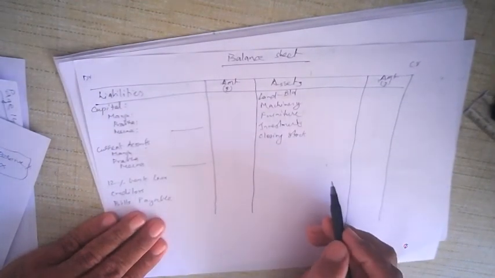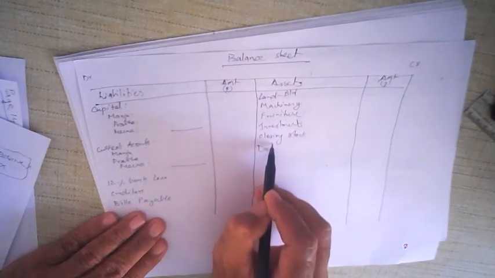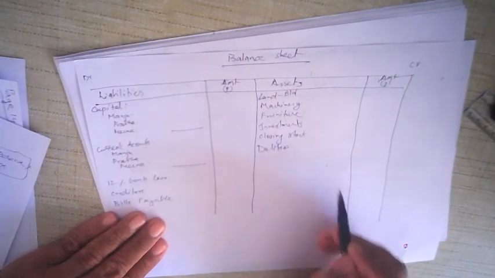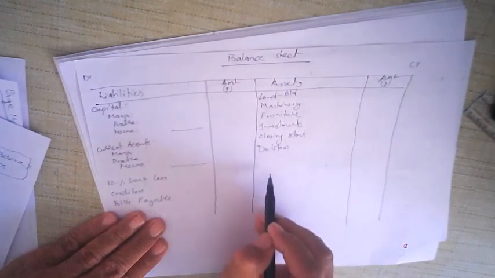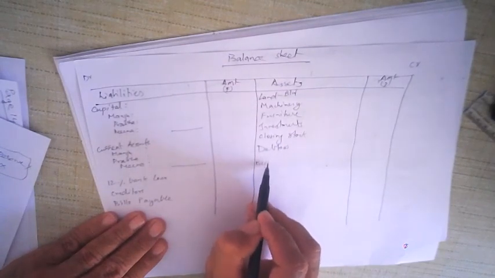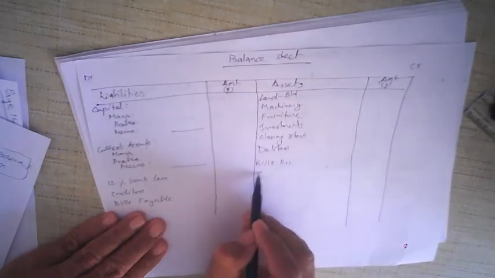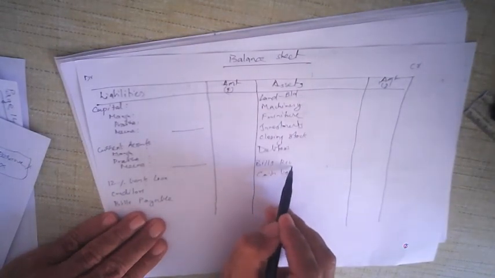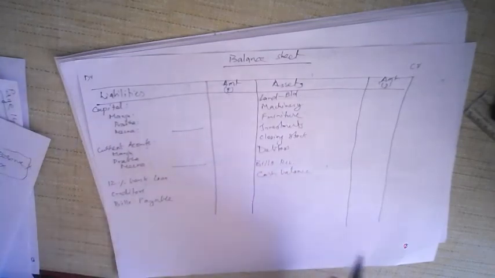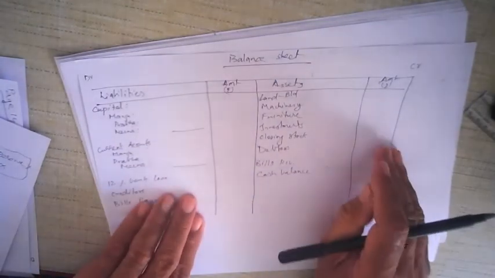After closing stock, debtors, and bills receivable. Then cash balance. Cash balance as it is. I've written all of them as it is. Okay, I've not put the amounts as yet.